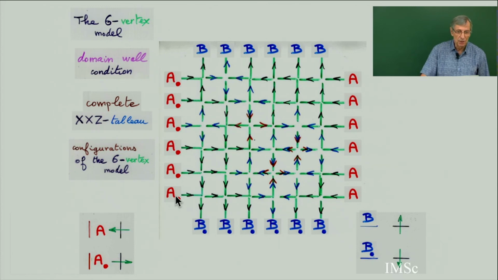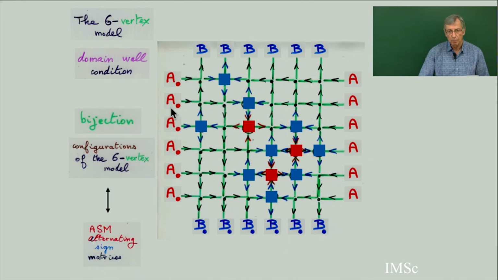So the two border conditions are the same, the two quadratic algebras are the same, so there should be a bijection between a configuration of the 6 vertex model, a complete Q tableau with 6 possible labels, and the alternating sign matrices. The bijection is the following. You put a +1 or a -1 for blue edges or red edges.